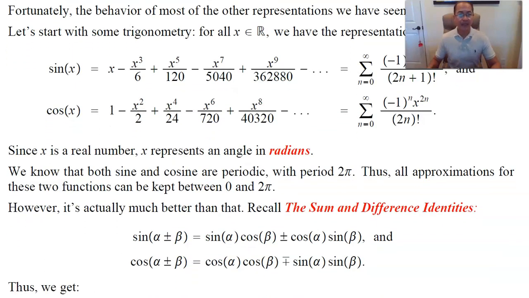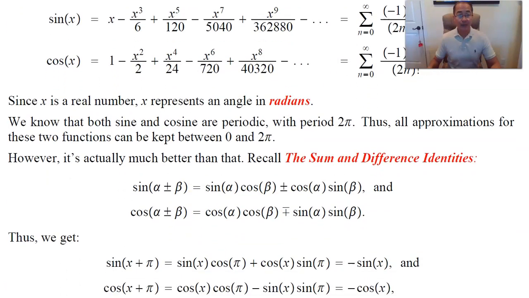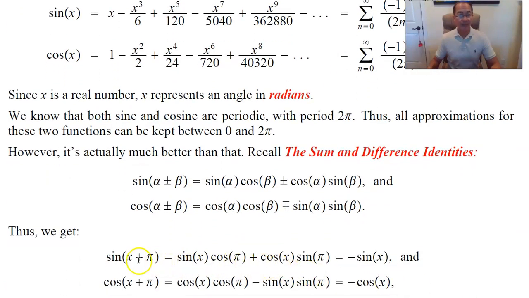However, we also have the sum and difference identities from basic trigonometry. And so if you add pi to an angle, the sine and the cosine simply change in sign, plus or minus, okay? And we know that's because if you have an angle and you add pi, you simply flip to the opposite quadrant.